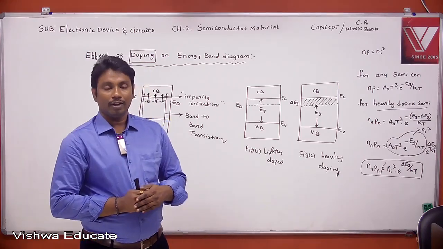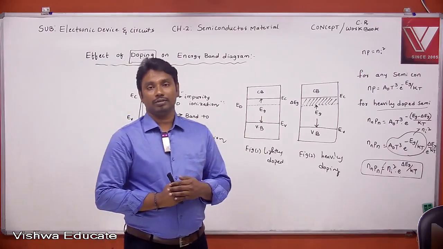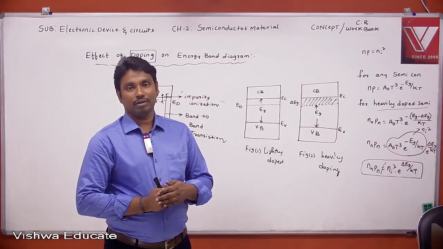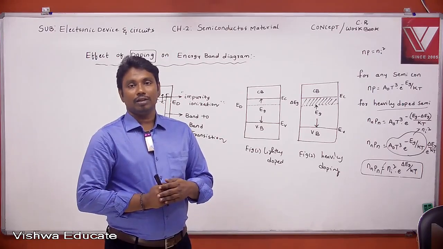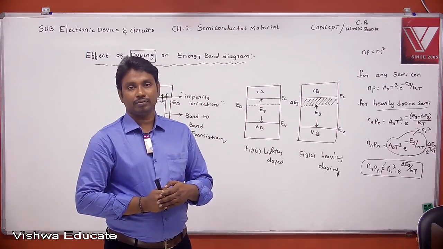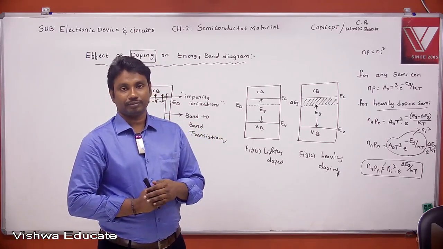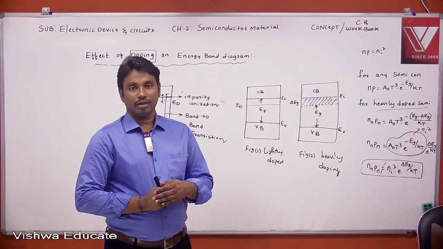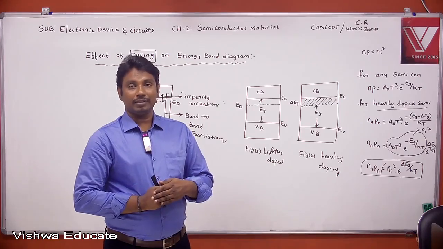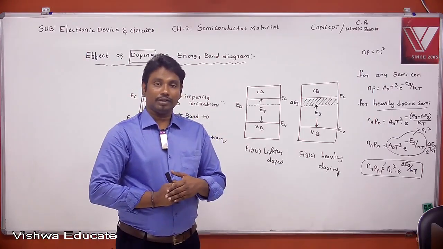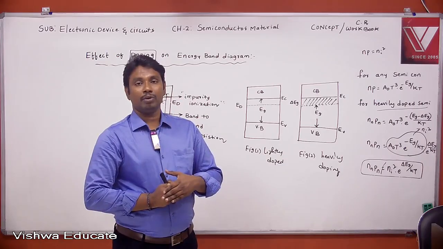Next point. When the semiconductor is heavily doped, then the donor energy level can be split into multiple energy levels, due to which the energy gap decreases by an amount of delta EC.